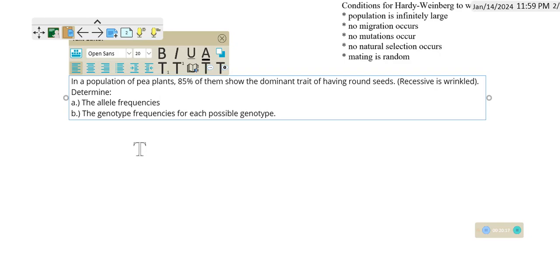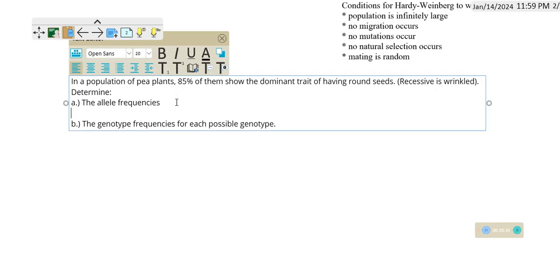Those are the two main questions. I suppose I could ask you for phenotype frequencies, although that's really given in the question. So let's look at this here. If 85% show the dominant trait, what does this mean? Well, this means that big R big R plus big R little r is going to equal 85%, or 0.85.